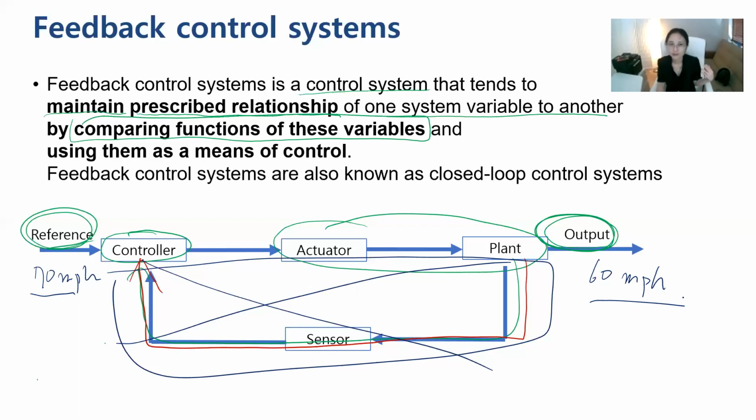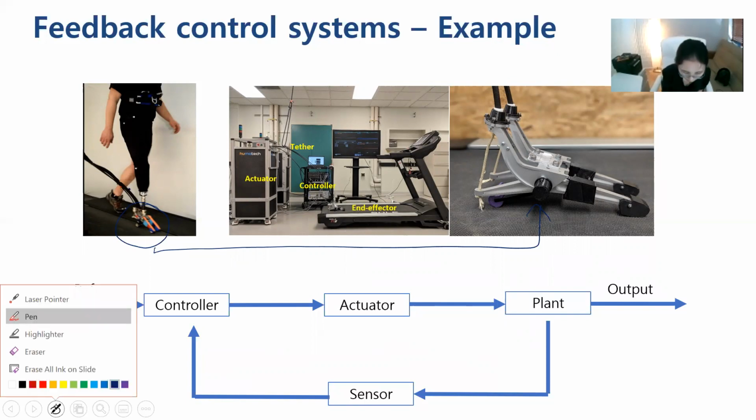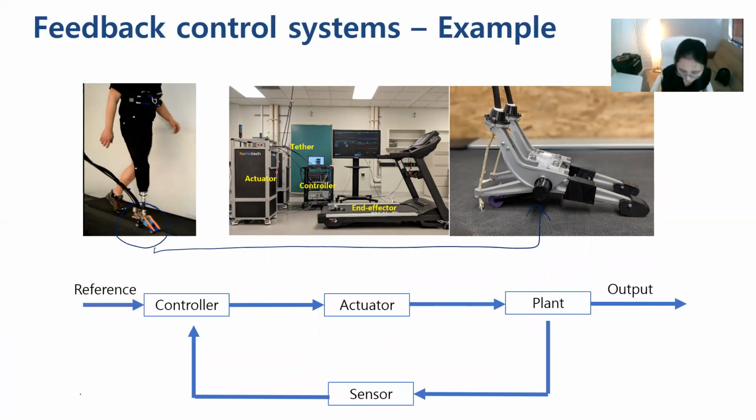So we come back to this again. But I also gave another example of an ankle-foot prosthesis. So the ankle-foot prosthesis is this one part, which is here. And it actually has an actuator and controller and end effector with a person, and this entire part can be a plant.